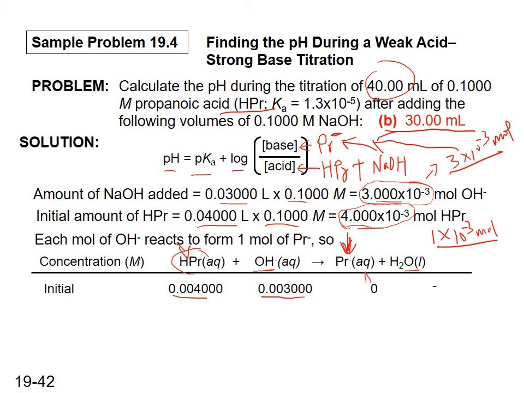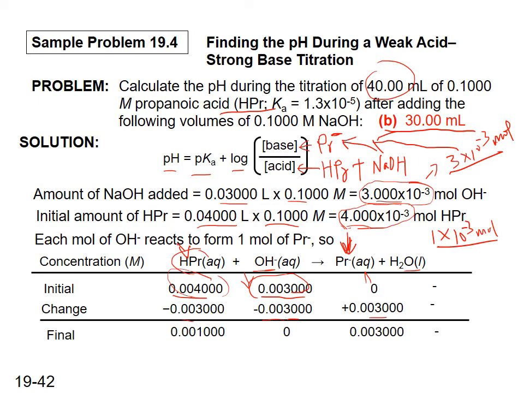Because hydroxide is a small amount and acid is in excess, the hydroxide should all react. So the reacted amount should be 0.003. Reactants are negative, products positive, and therefore at equilibrium we get the conjugate base at 0.003, and the acid remaining is 0.001. So it's the same as our calculation here, but this method is more clear. It's the preferred method.